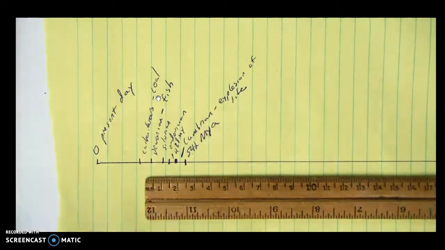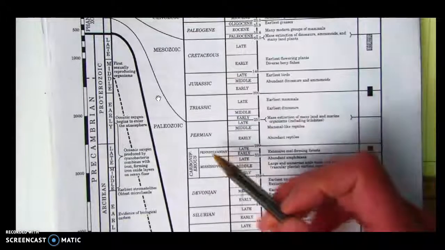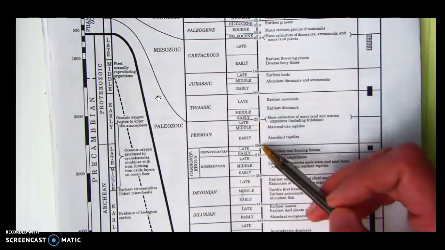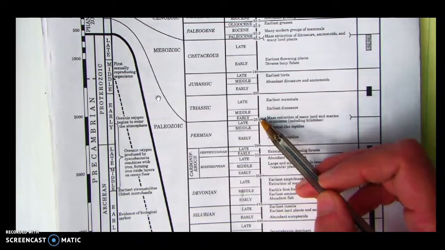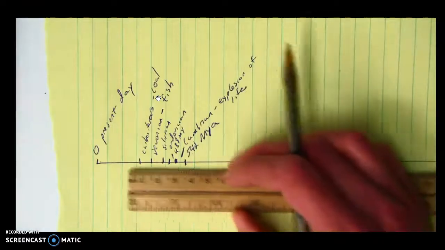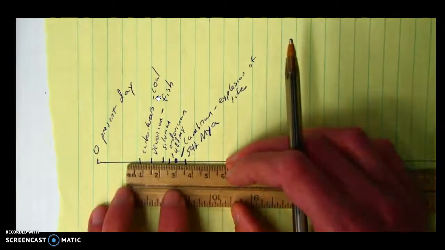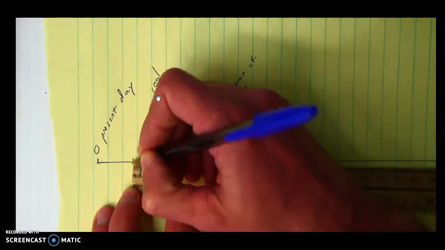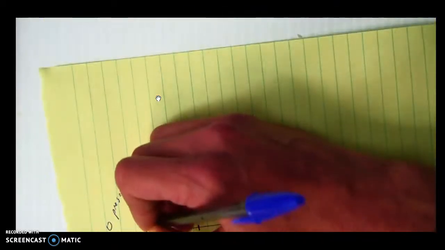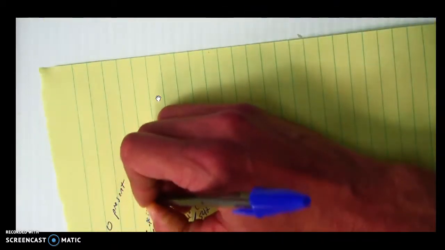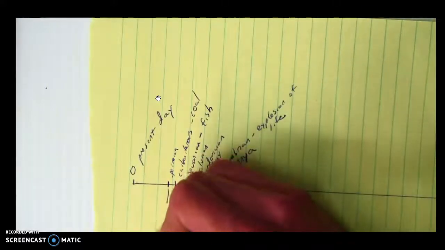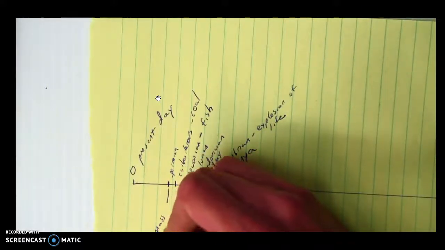And then we get to the Permian time period over here. The Permian time period went from 299 to 251, which should be equal to 4.8 on the scale. So it's going to be 4.8 millimeters, and we'll label that Permian. Now, for some reason, at the end of the Permian, we have our first mass extinction.